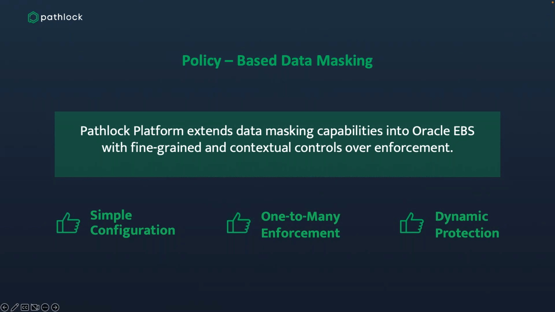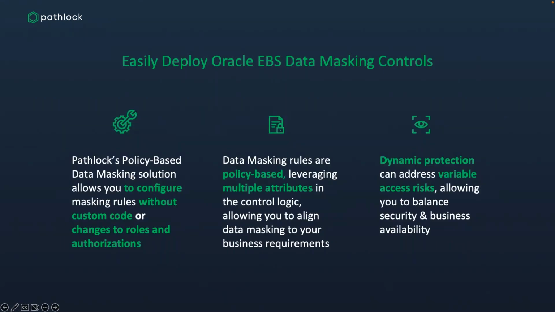And how we do that is through a policy engine. The policy engine allows you to build in certain controls around how that masking is going to be done, for example. And I'll go into that in a little bit more detail here. When you're talking about how to deploy this, it can be easily deployed because of the policy engine that sits inside of the EBS system. So it allows you to configure that.